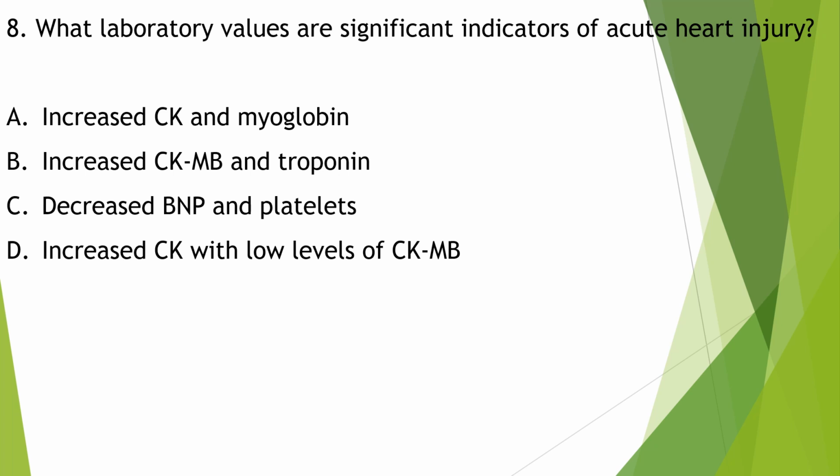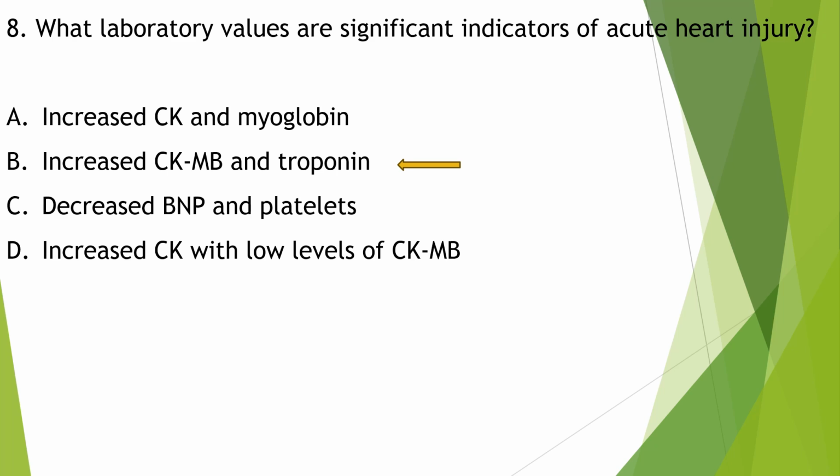When myocardial damage occurs, CK-MB is released from the cells. Increased levels can be seen at 3 hours after myocardial damage and can remain elevated for up to 36 hours before returning to normal. So increased CK-MB and troponin are the significant indicators for acute heart injury.